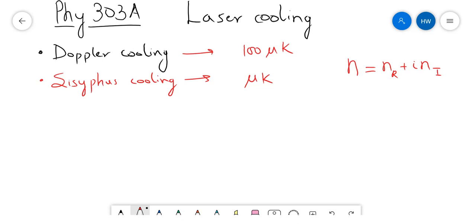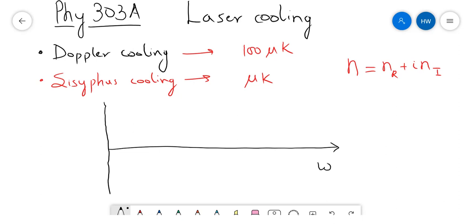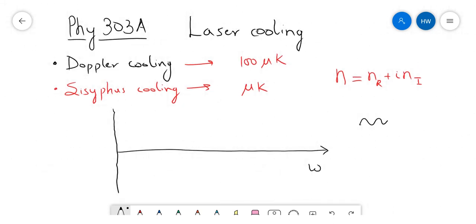So if I plot my response as a function of frequency, right? So I'm plotting frequency and I'm looking at atomic response. So there is an atom, and I come in with light, which has energy ħω, and there is an atomic energy difference. The ground state I denote by 1.